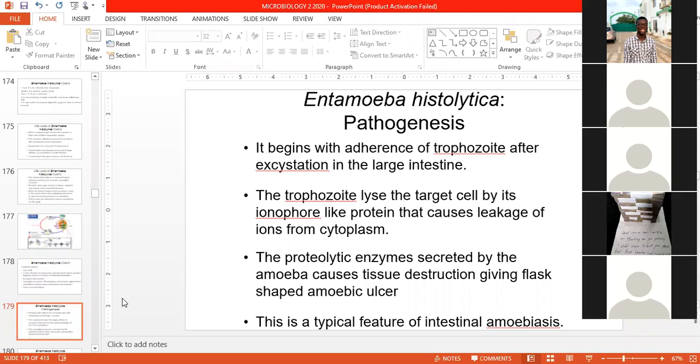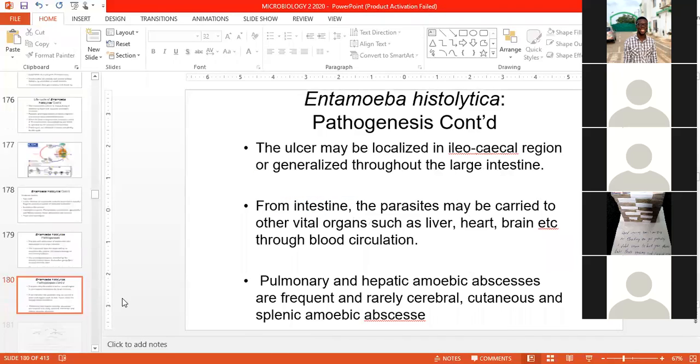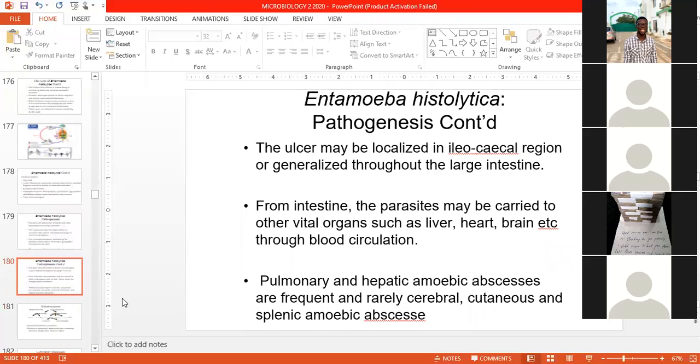So the fluid balance will be disturbed. Then the enzymes that will be secreted will cause destruction of tissues, so it will result in ulcers. The presence of the hemolysin will cause the breakdown of the red cells that you'll be seeing in the stool as blood.